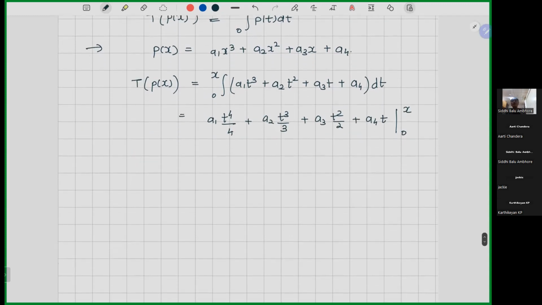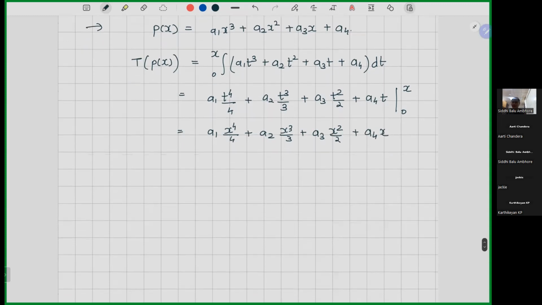When I evaluate over 0 and x, the zero term will be zero, because I have t everywhere, so when I substitute t to be zero, I get zero. So finally I remain with a1 x power 4 by 4 plus a2 x cube by 3 plus a3 x square by 2 plus a4 x. So this is how my T looks.